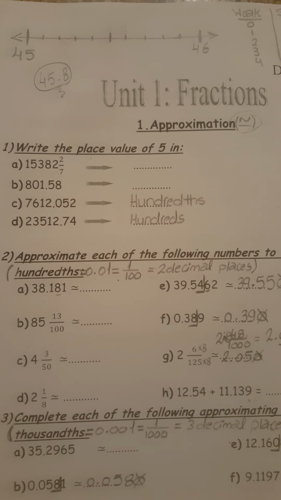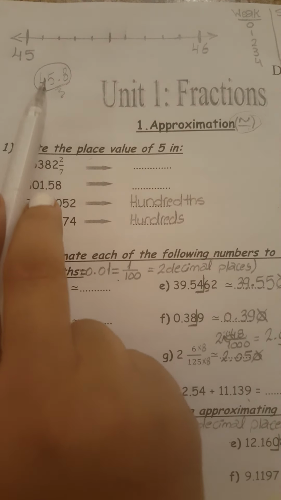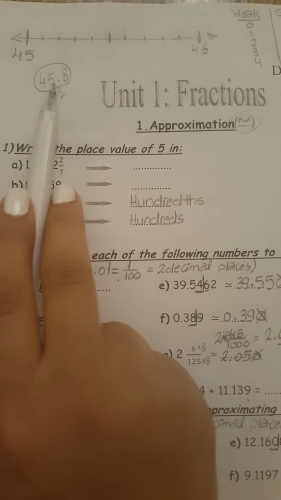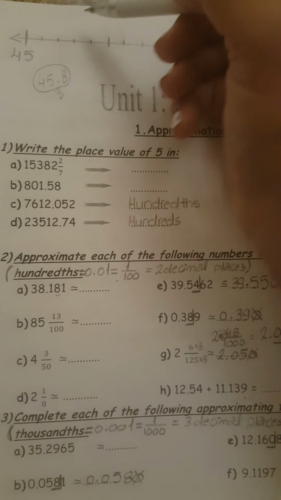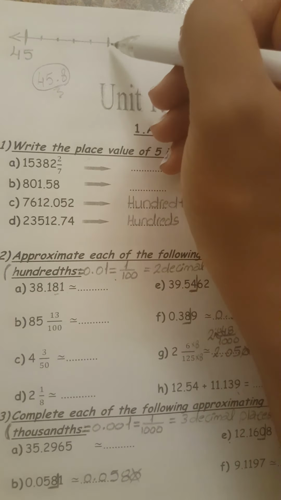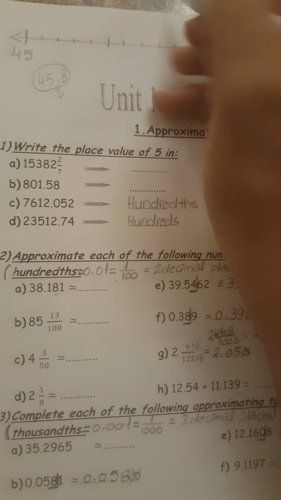How will I know it's 45 or 46? Let's see on the number line. Here I have 45 and 46 and I bought the t-shirt for 45.8. Where is the 45.8 on the number line? Here is 45.1, 2, 3, 4, 5, 6, 7, 8.